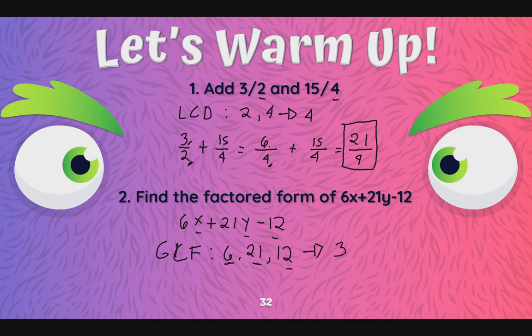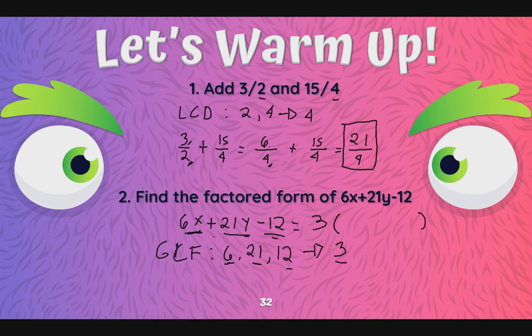So in short, we will extract 3 from these three terms, the 6x, 21y, and negative 12. So let us write 3 and a parenthesis. First, let us extract 6x by 3.